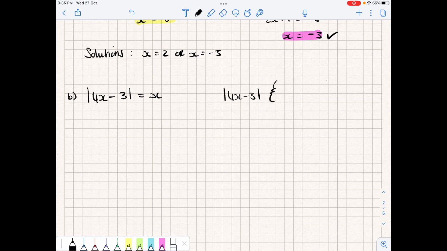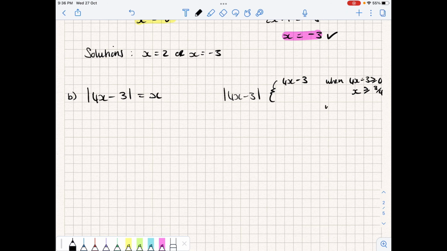So when 4x minus 3 is greater than or equal to 0, then it would be positive, and so we can just consider it as 4x minus 3. Okay, and this happens if we continue solving the inequality when x is greater than or equal to 3 over 4.